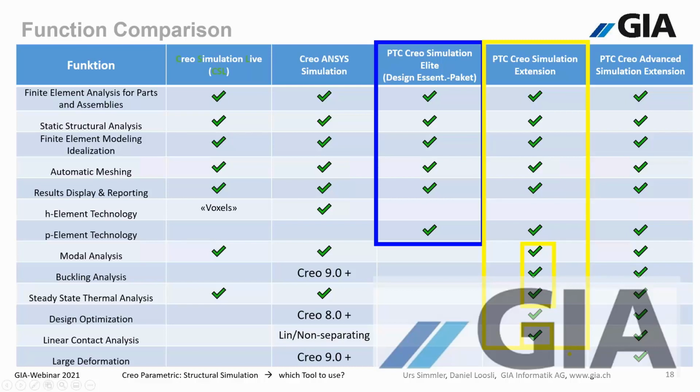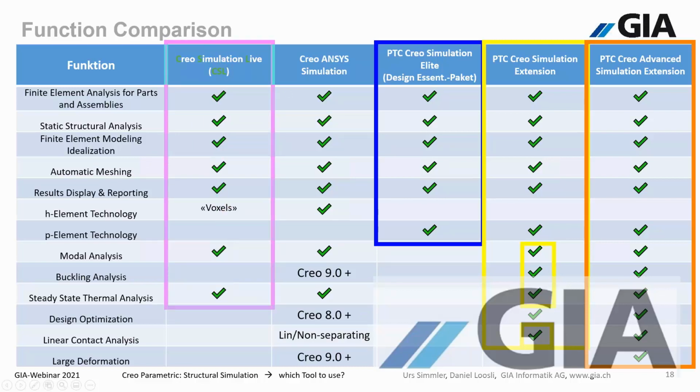And then we did here PTC Advanced Creo Simulation extension. Here we can do, let's say, more or less all with contacts, nonlinear material, large deflection analysis, and on the thermal side also with transient analysis. Then we went for Creo Simulation Live, this guy here.